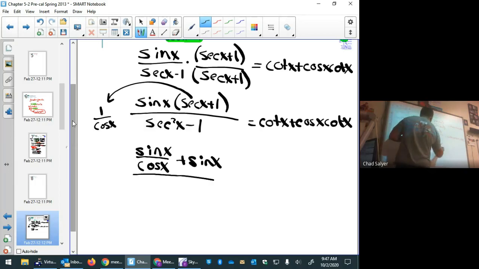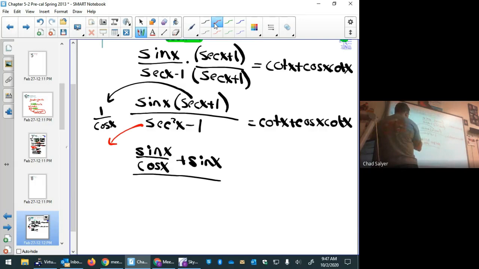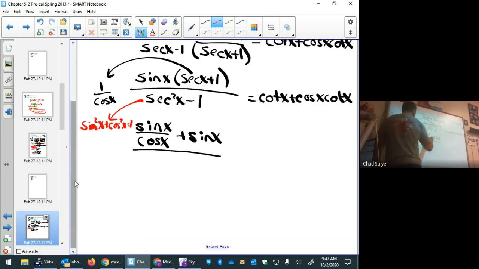And then for that denominator, remember that sine squared x plus cosine squared x equals 1. And if I manipulate this algebraically, if I divide everything by cosine squared of x, I'll get sine over cosine, which is the tangent squared x, plus 1 equals the secant squared x.